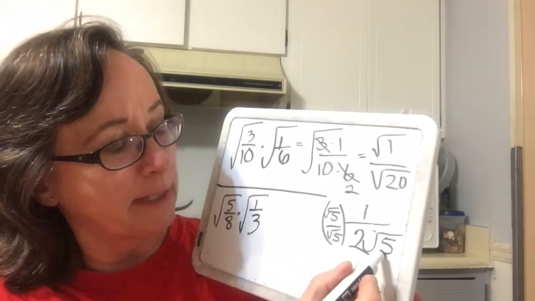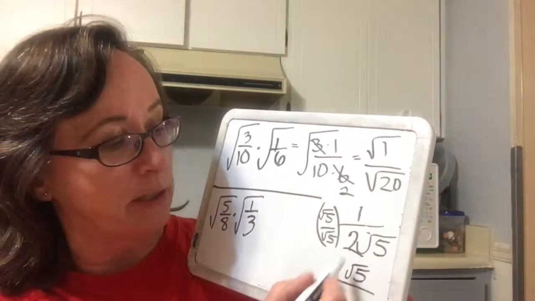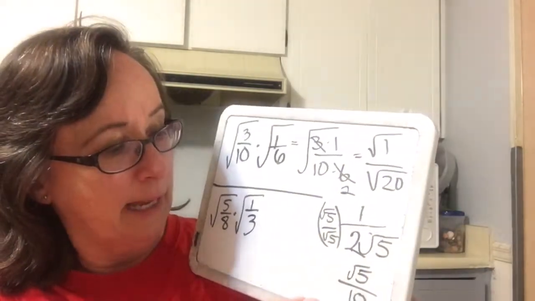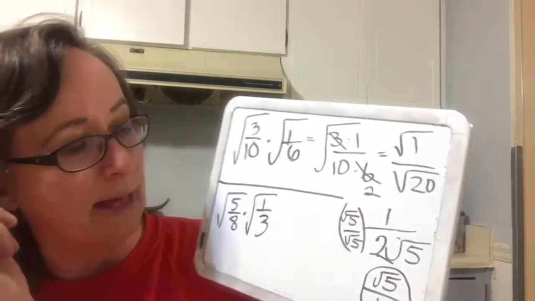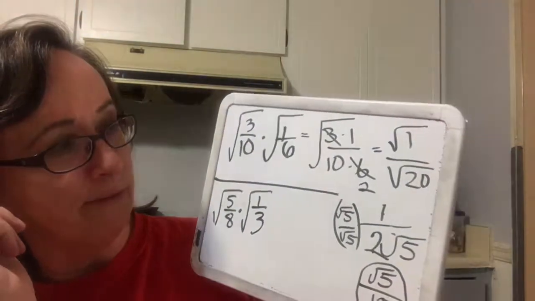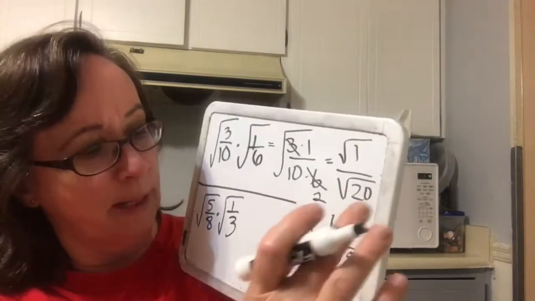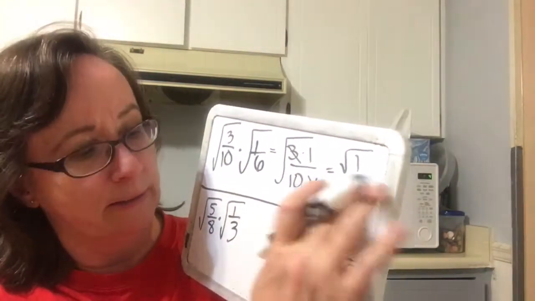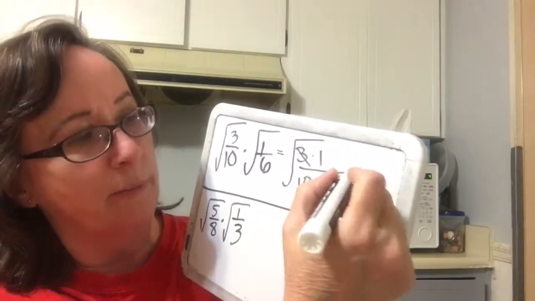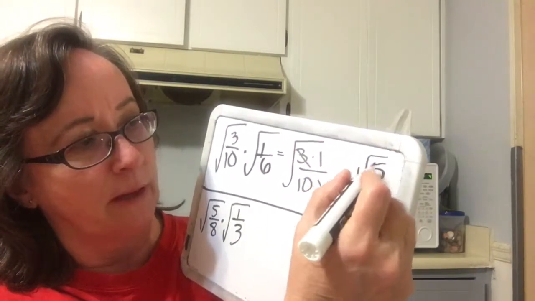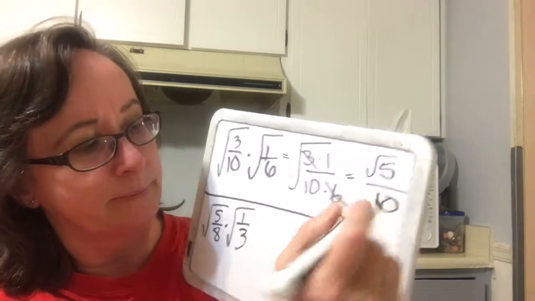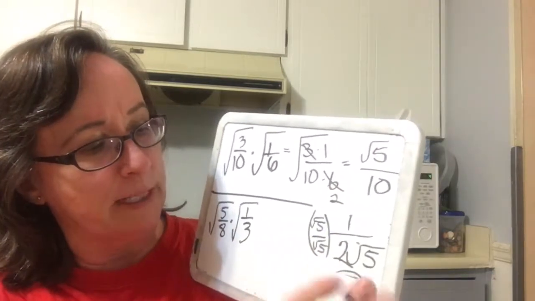The square root of 5 times the other square root of 5 will give me 5 times 2 is 10. And I cannot simplify that. That is my final answer. So I'm going to go ahead and put that answer right here. Since you saw me do it, square root of 5 over 10. Because I need this part for the next problem.